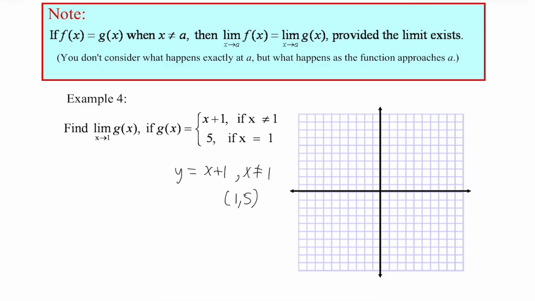So let's draw our g function. So we start at 1, go up 1 over 1, make sure you have a hole at this value right here. And it's really a point up there, but it's just a line.